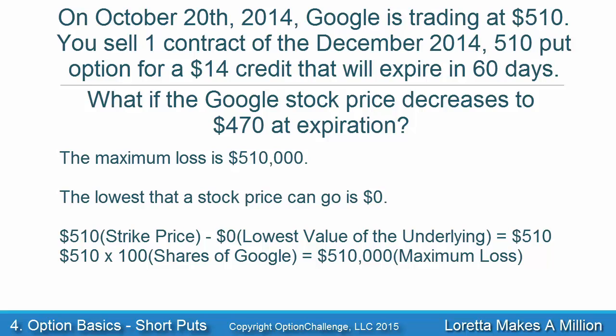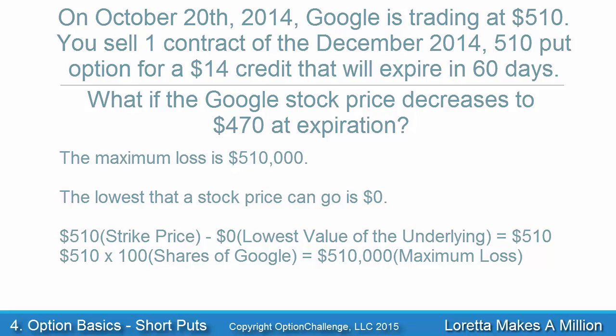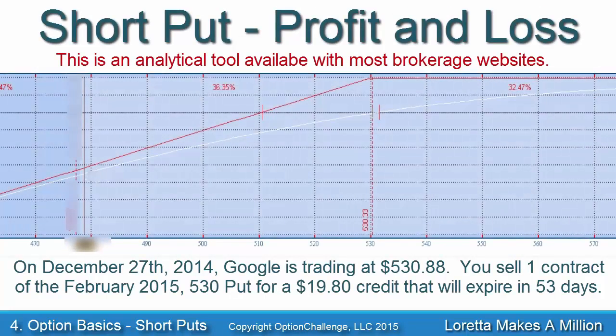Later in my video series under the topic of credit spreads, you will learn how to remove the significant risk of a short put. Now let's take a look at the profit and loss chart for a short put. You will notice that it is the opposite shape of a long put profit and loss chart. On December 27, 2014, Google is trading at $530.88.